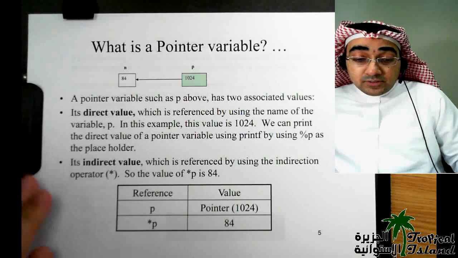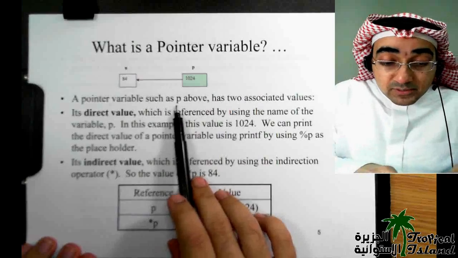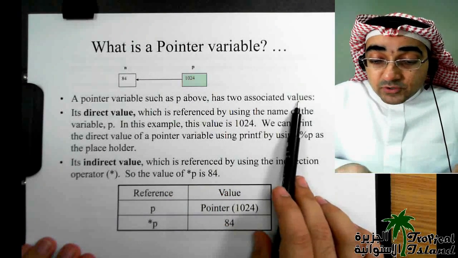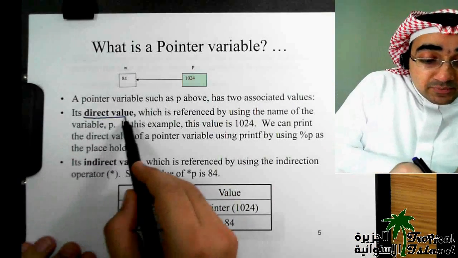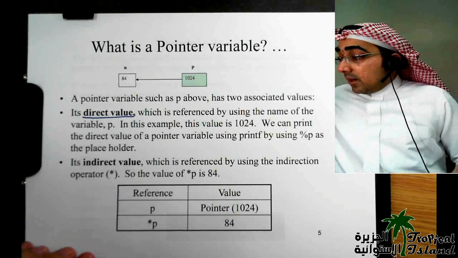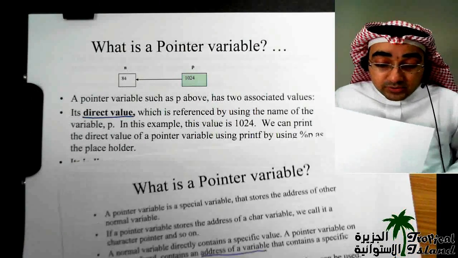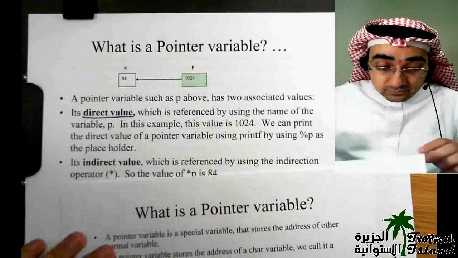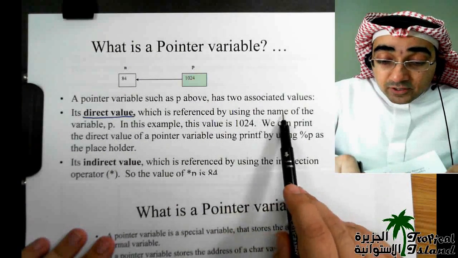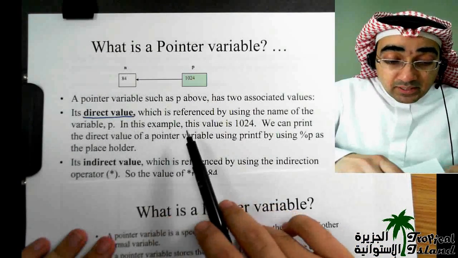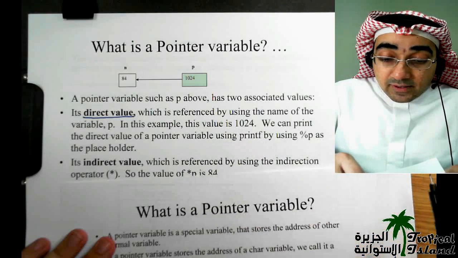Again, illustrating more on pointer variables. A pointer variable such as p above has two associated values. There is something called the direct value. What's the direct value of a pointer p? The direct value is referred to by using the name of the variable p. This example uses value 1024.